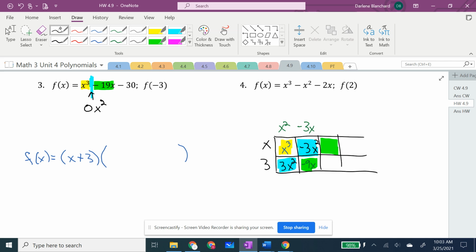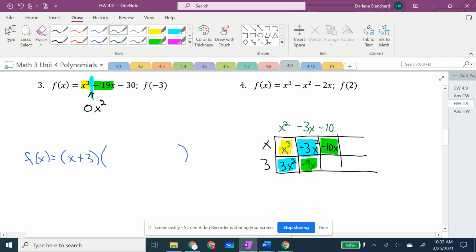So what do I need to add to negative 9x to get negative 19x? And hopefully you see it's negative 10x. Then I'm ready to figure out what this next piece is. I am going to look at x times what is negative 10x.